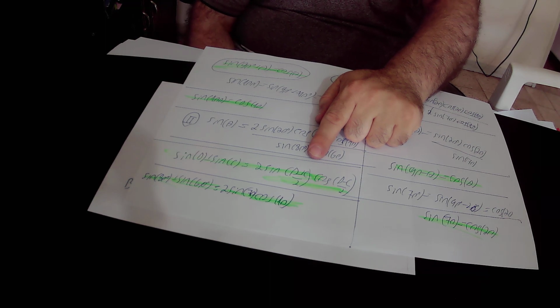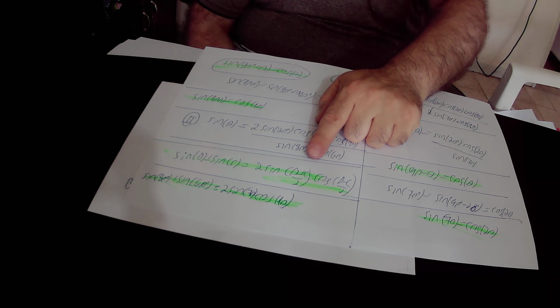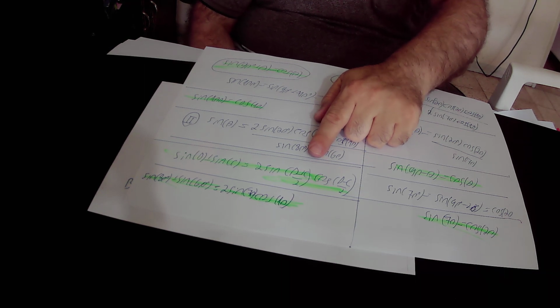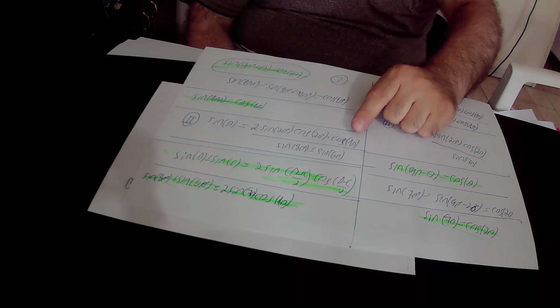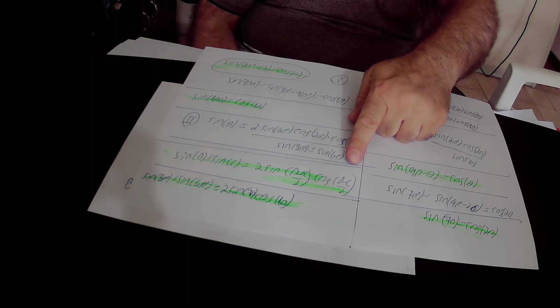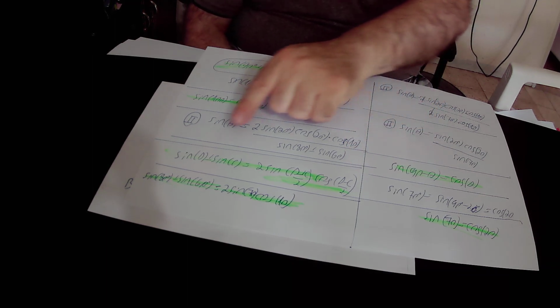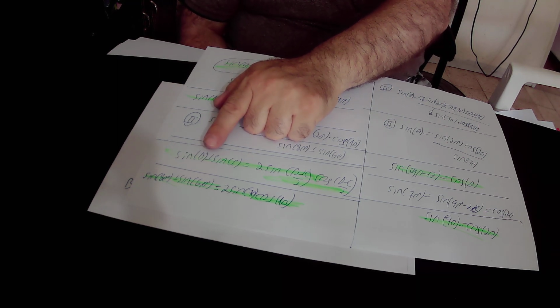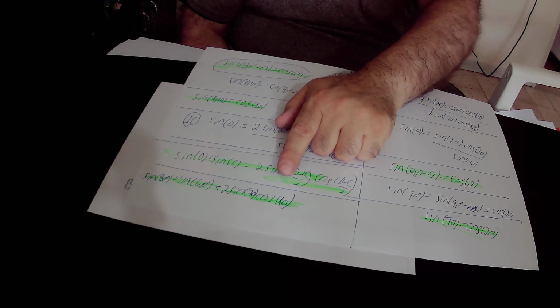D is 80, c is 60, so d plus c is 140, and 140 over 2 is 70. So it is 70 degrees times cosine of (d minus c) over 2. D is 80, c is 60, so 80 minus 60 is 20, and 20 over 2 is 10. So in conclusion, we found out that sine 80 degrees plus sine 60 degrees equals 2 times sine 70 degrees times cosine 10 degrees.